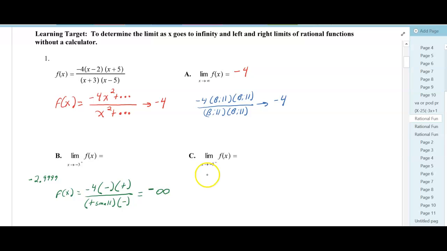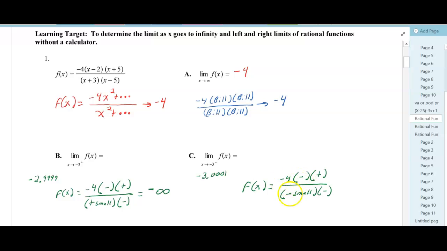For part C, you're plugging in a number a little bit to the left of negative 3, like negative 3.0001. So again, if I look at the function f of x, I have negative 4 times a negative number times a positive number divided by a small negative times another negative.